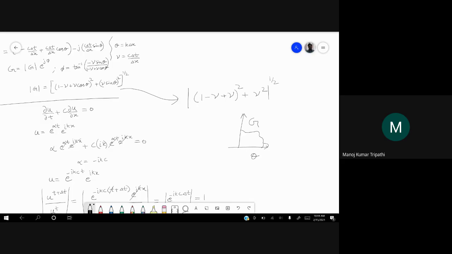So take some value of nu. We have derived that C delta T by delta X, which is equal to nu, has to be less than or equal to 1. That is the stability condition. So take some value between 0 and 1 and find out. You can actually find a derivative with respect to nu and see for which value it is maximum or minimum, and you can do that analysis.